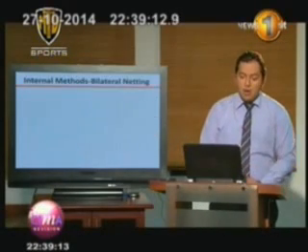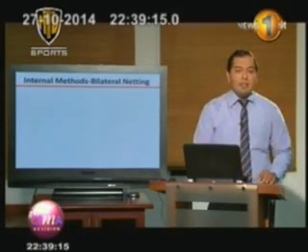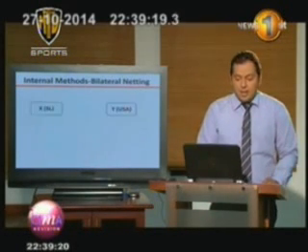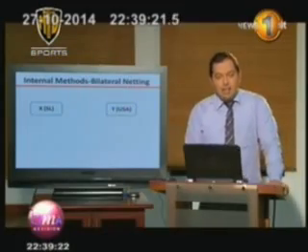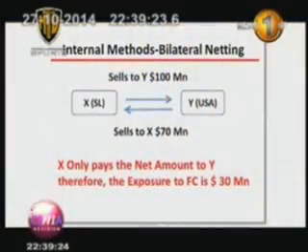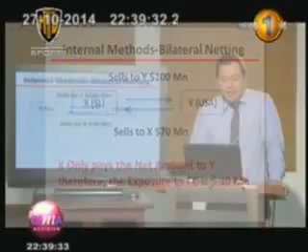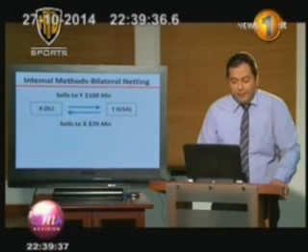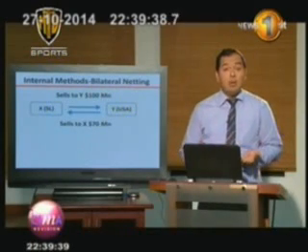We will now move on to what we refer to as your bilateral netting. How does bilateral netting work? Bilateral netting is basically where you have X Limited, which is in Sri Lanka, and you have Y Limited, which is in the USA. X sells $100 million worth of goods to Y. Y sells $70 million worth of goods to X. What do they do?